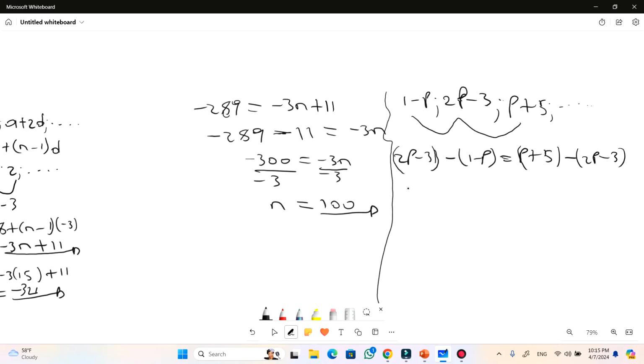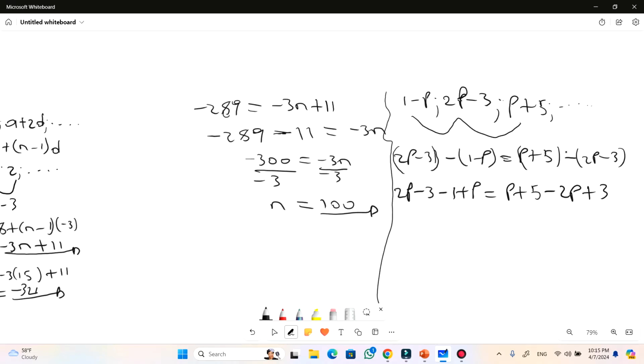Then you need to solve for the value of p, so that we can get the real value of our common difference. So it's going to be 2p minus 3 minus 1 plus p is equal to p plus 5 minus 2p plus 3.